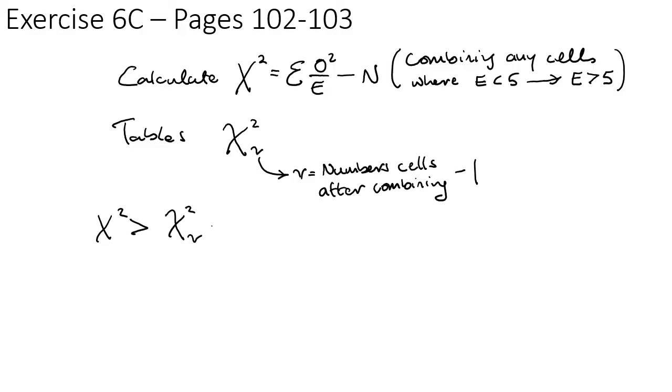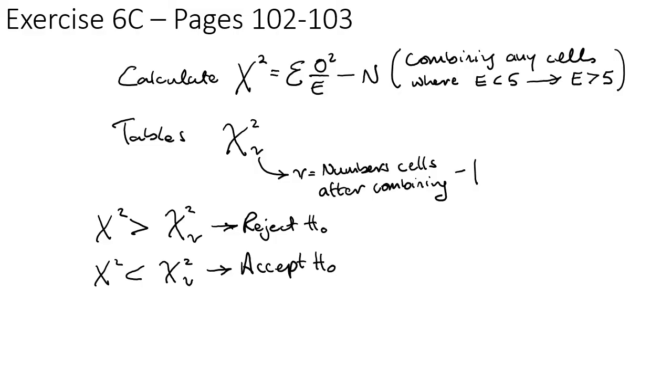If it's greater, we reject H0, it's too far spread away from what we expect. If it's less than that, we'll say the spread, the variance, is small enough for us not to be concerned, and we would accept H0. That's always going to be the case with these hypothesis testing questions where we are using the chi-squared distribution.